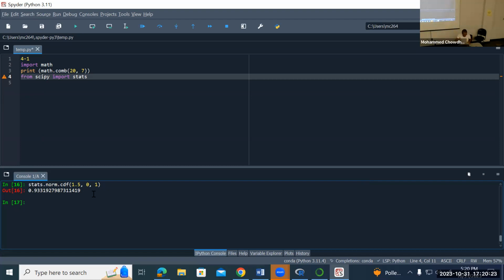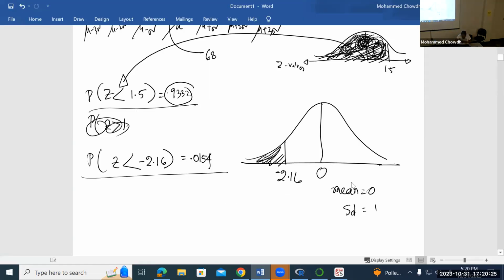Okay. So now I want to do greater than. Now I want to find the probability of Z greater than 1.5. This is exactly the opposite, right? I want to find this area, greater than 1.5.